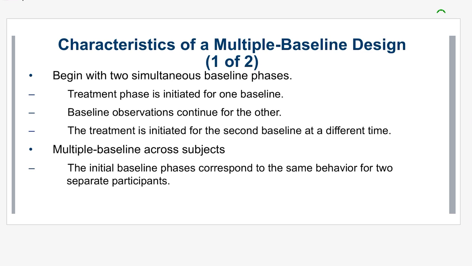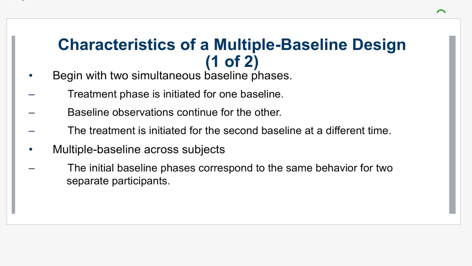We'll talk about those 3 things in a second. But either way, 2 baseline phases, but they start at the same time. And then the treatment phase is initiated for one of those baselines, and the baseline observations continue for the other. And then a little bit after the fact, at a different time, the same treatment is then initiated for the second baseline.